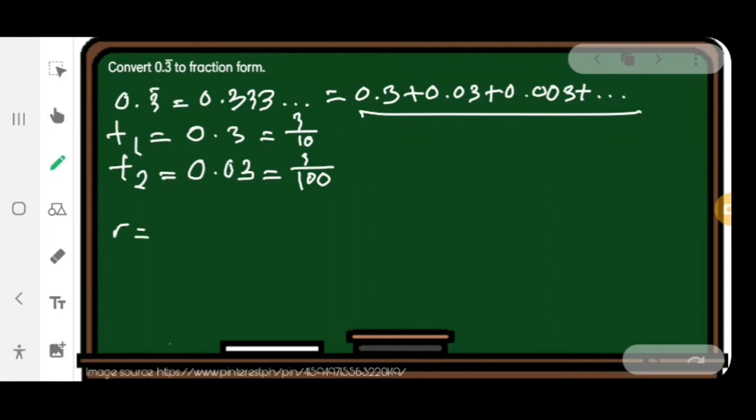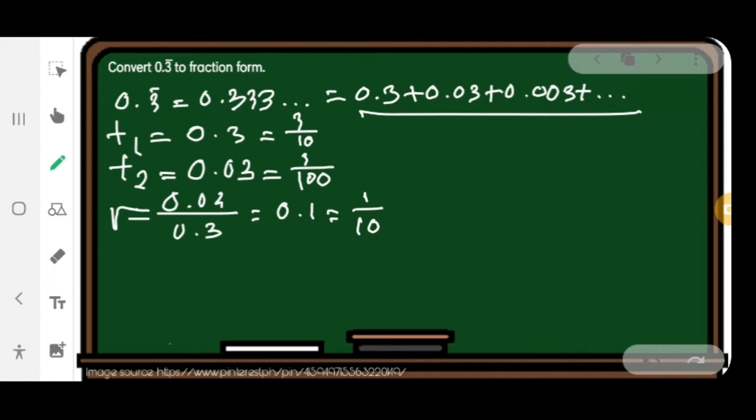We can solve using the fractions or using the decimals. So let us solve using the decimals because I have a limited space here. So r is equal to 0.03 divided by 0.3. This one is equal to 0.1, or let us convert this one into a fraction, so 1 over 10.